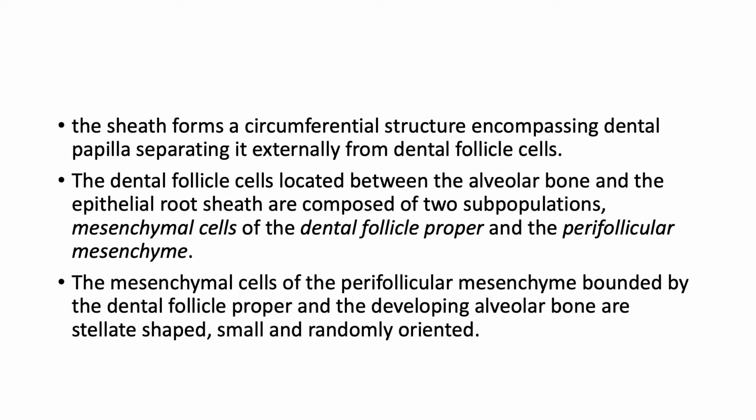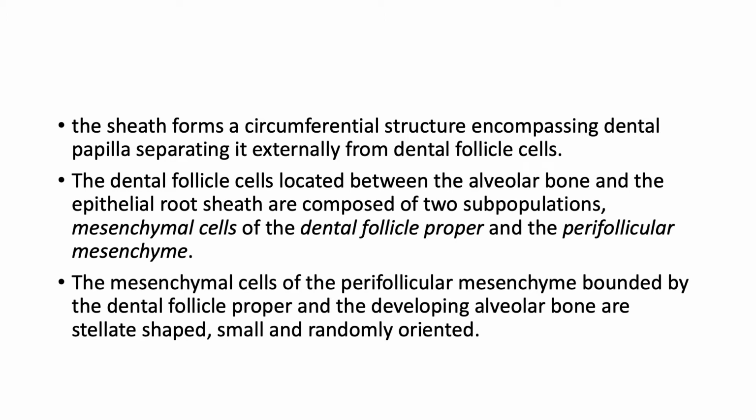The sheath forms a circumferential structure that encompasses the dental papilla, separating it externally from the dental follicle cells. Okay, so the function of these sheaths is to separate the dental papilla from the dental follicle.